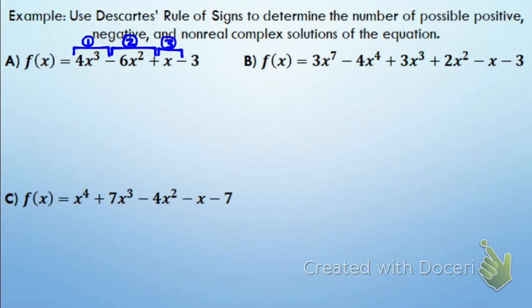Yes. So there is possibly 3 positive real roots, or there could be, not 2, 1, because I go down by 2. 3 or 1 positive zeros.